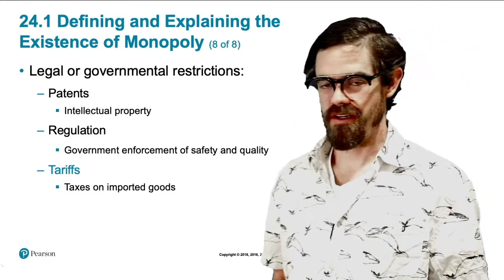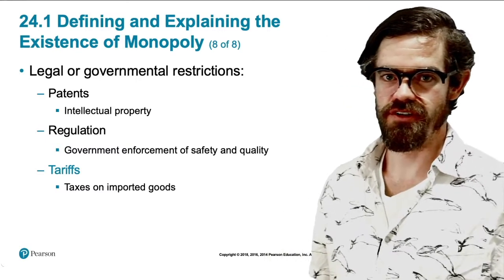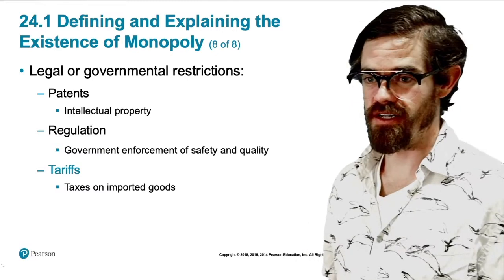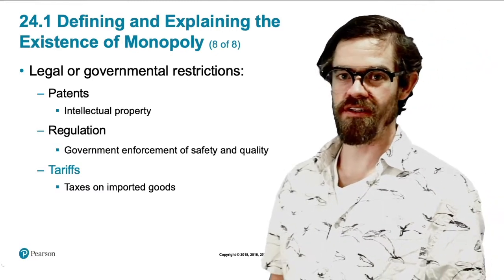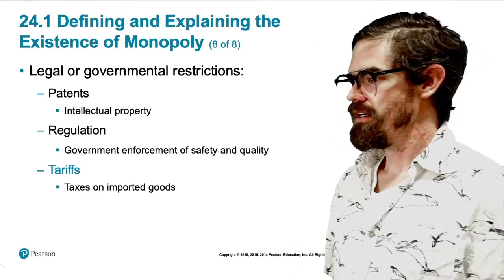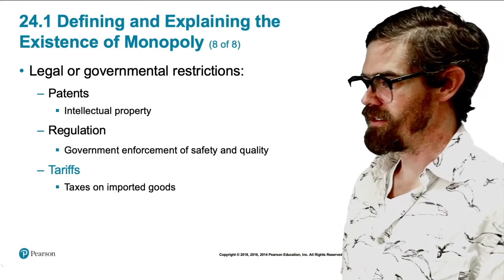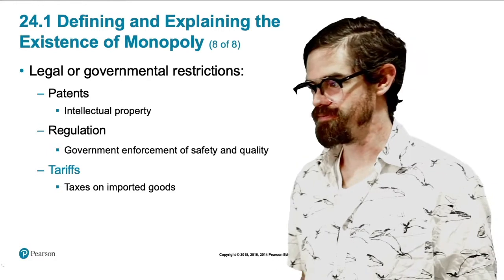Same thing with registering your car, for example. That's sort of, in some sense, a barrier to entry, right? You can't just drive around a car willy-nilly. You have to have it registered, and you have to pass emission standards and those sorts of things, right? So enforcement of safety and quality.